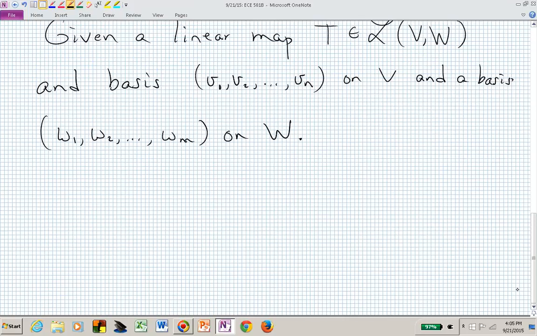We have a linear map mapping between these two sets of basis vectors.